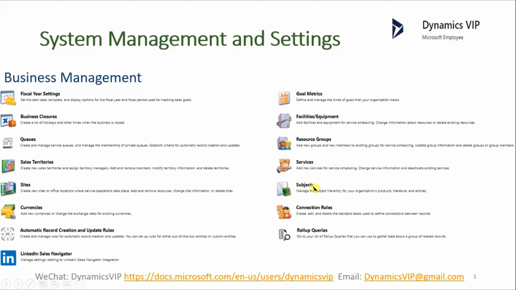Subjects, once we set up, can be used for service subjects. When we create a new case, we can see it from a service. Connection rules are used if we have some family members or friends working in the same company.